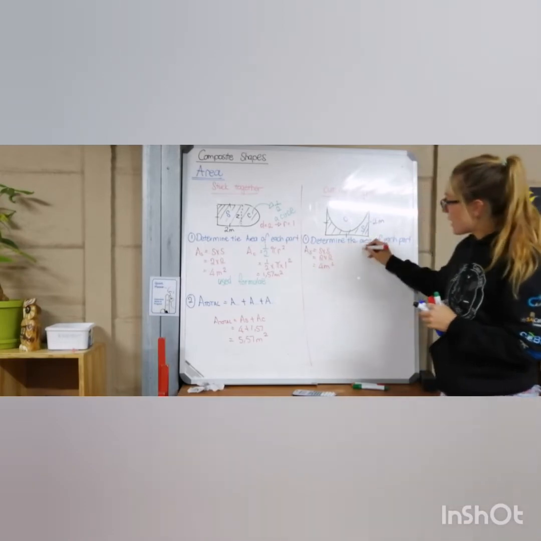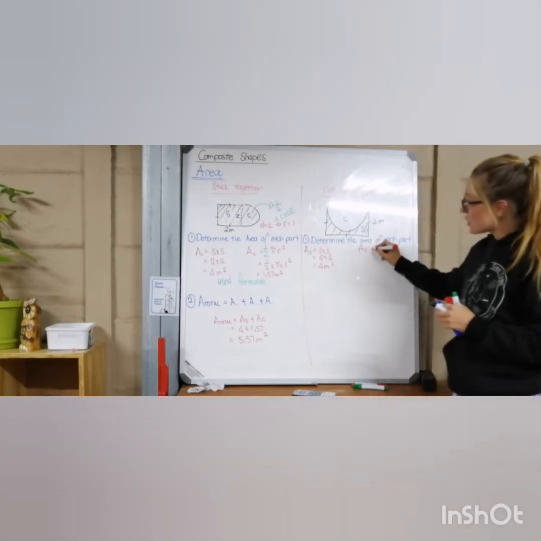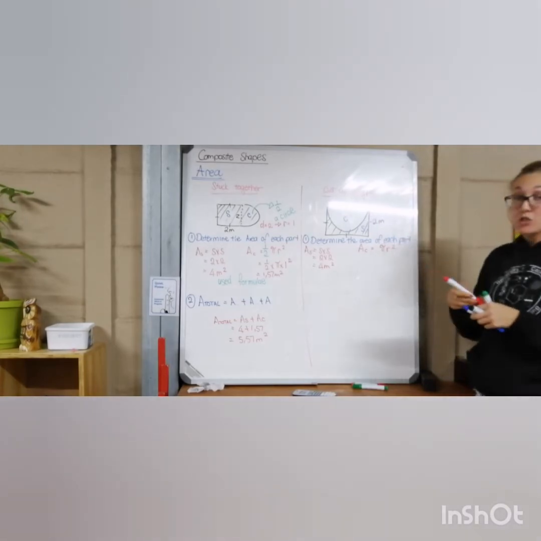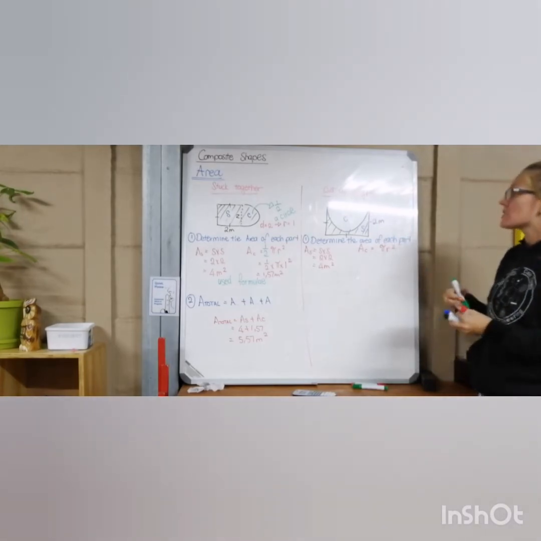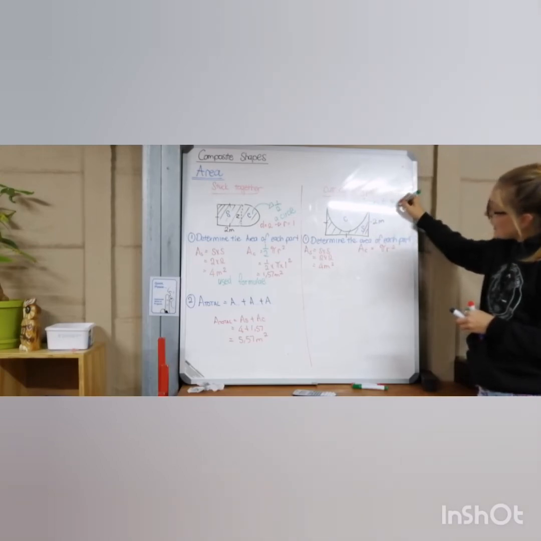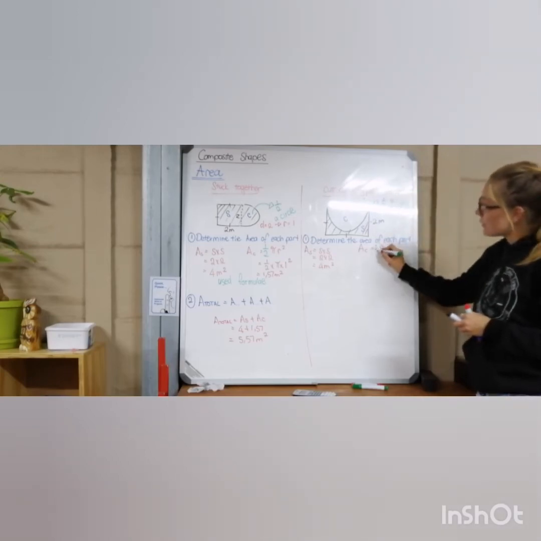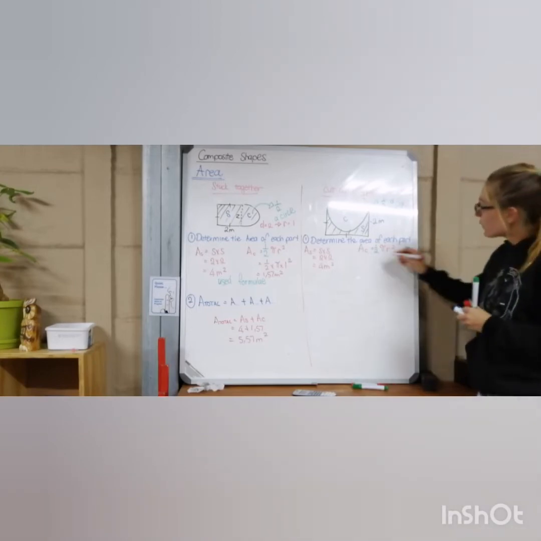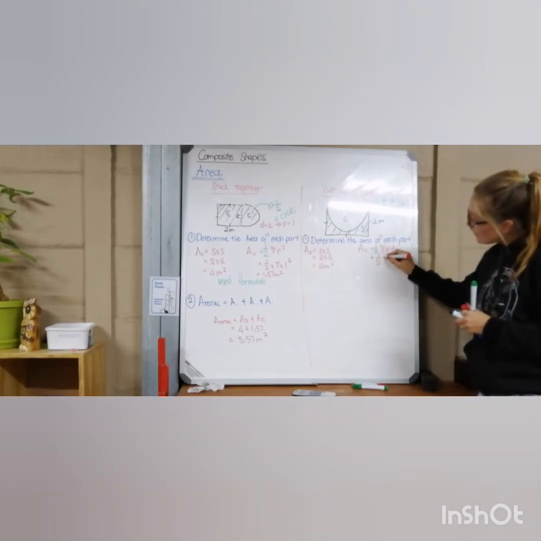Okay, the area of our semicircle is not just pi r squared. If it were a circle, it would be pi r squared, but because it's half a circle, it's half the area formula. So now we're going to substitute in. We've got half pi.